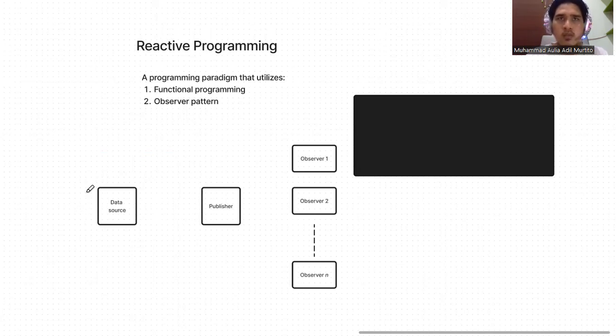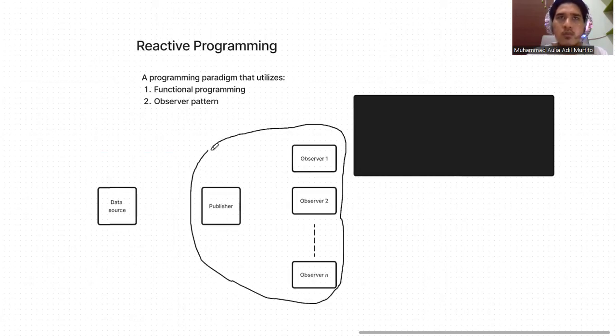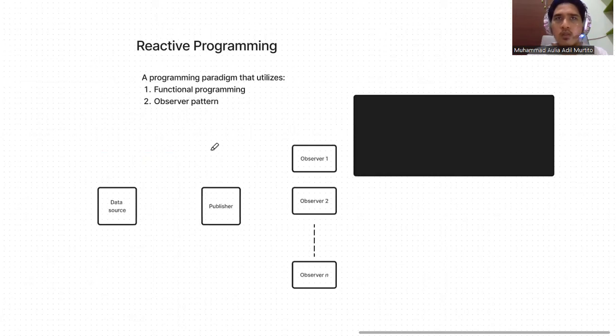Now, the publisher and the observer are the programs that we code. So this is the backend system, or I mean, the processing units or something like that. At first, imagine that this data source has data.